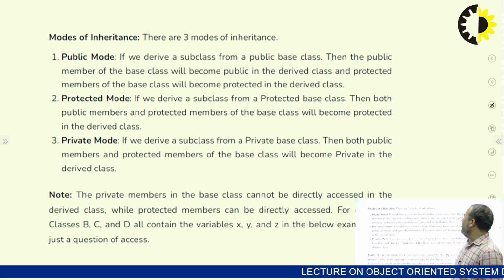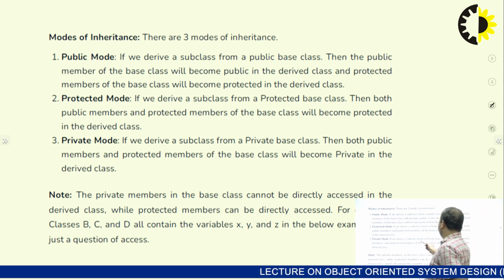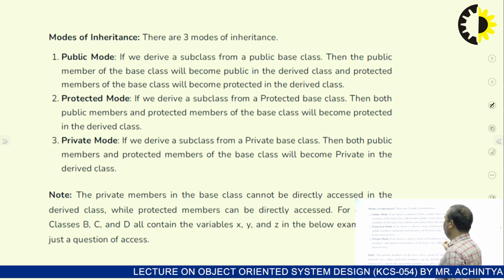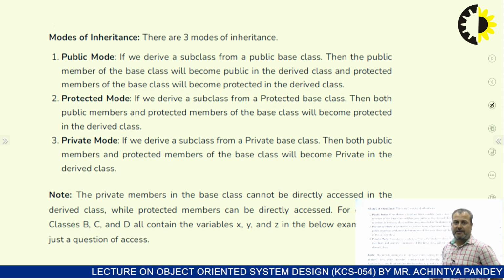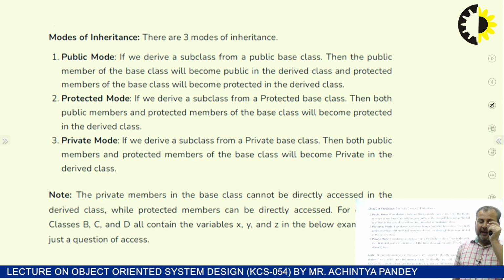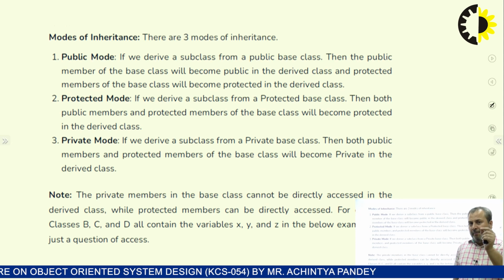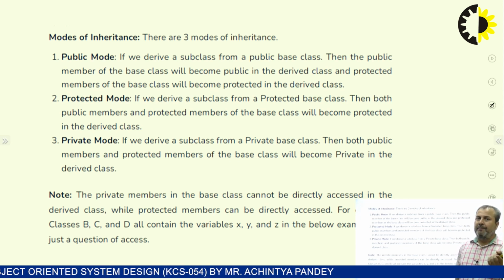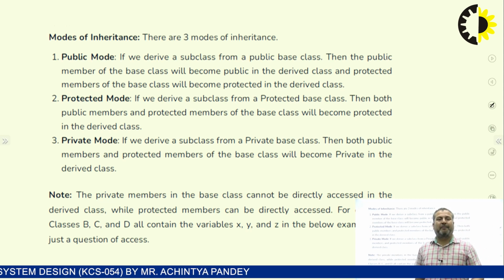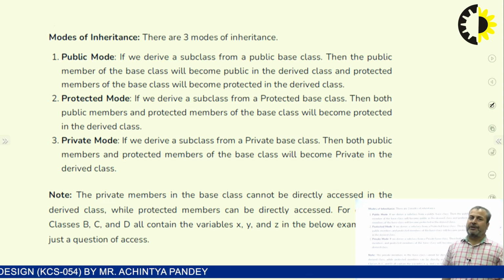If we derive a subclass from a private base class, then both public and protected members of the base class will become private in the derived class, and private members can only be accessed by the functions.